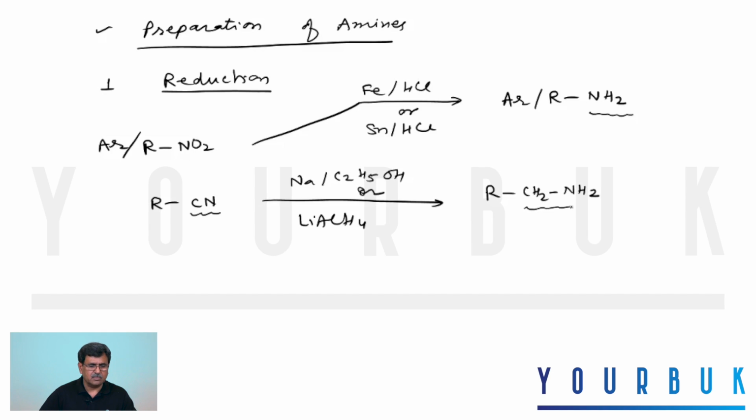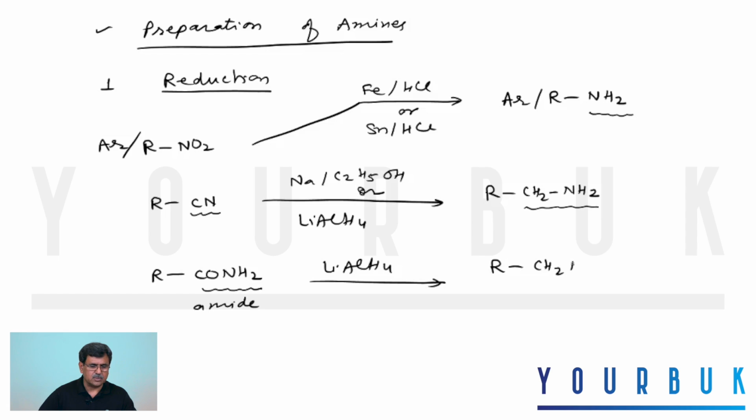So the CN group can be reduced to CH2NH2. We can also reduce the amide functional group CONH2 by using lithium aluminium hydride. It changes to CH2NH2. Basically, lithium aluminium hydride converts the CO group into CH2.